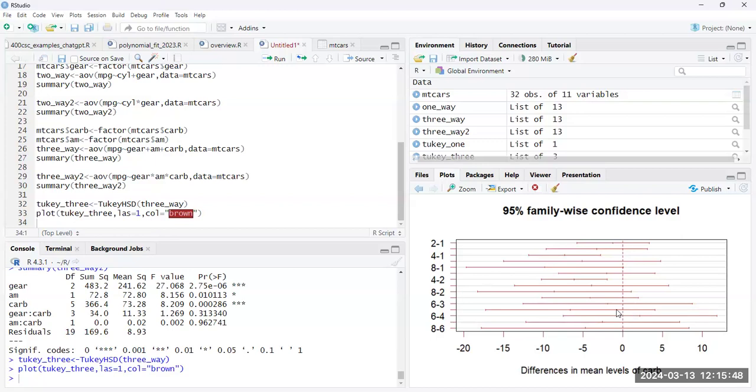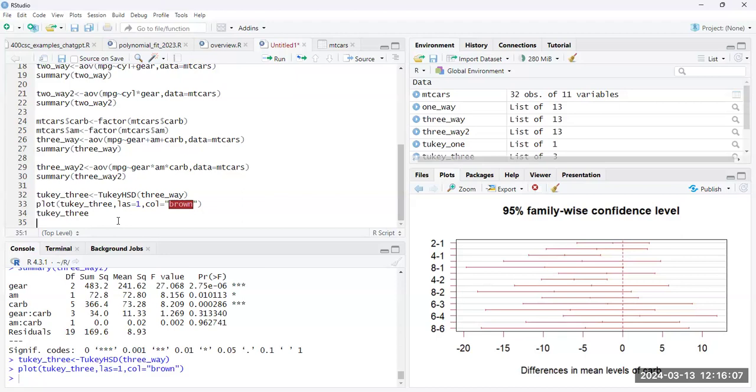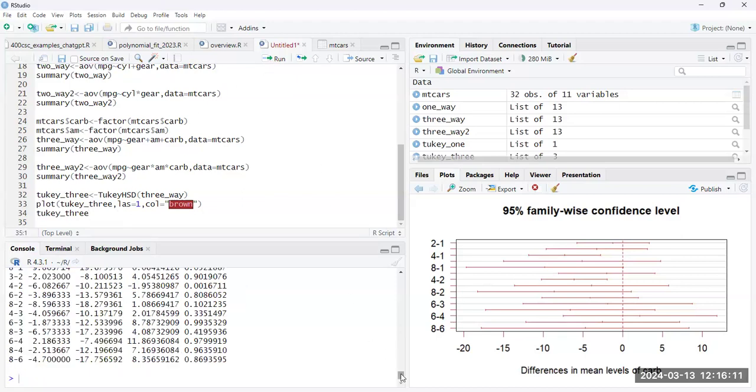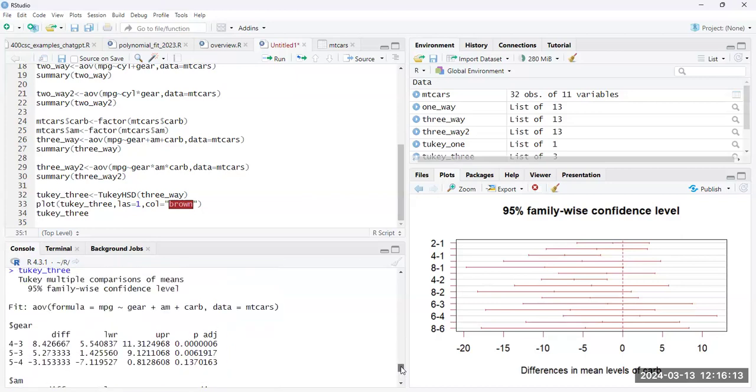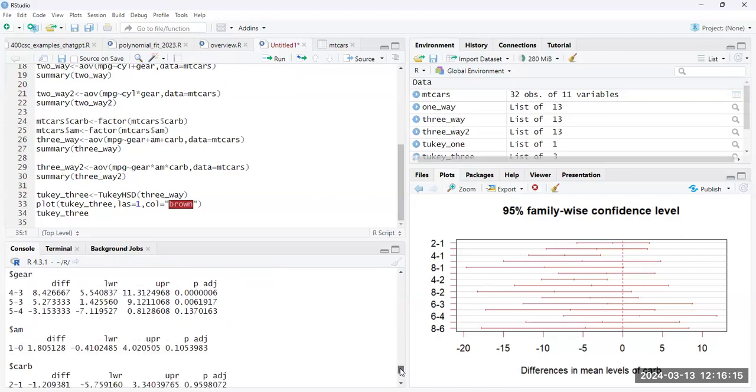Now, as we saw earlier, you can also print out the interval levels. If you just print the name of the Tukey, in this case, Tukey 3, then it will print out to the console all of the actual intervals and their individual p-values.